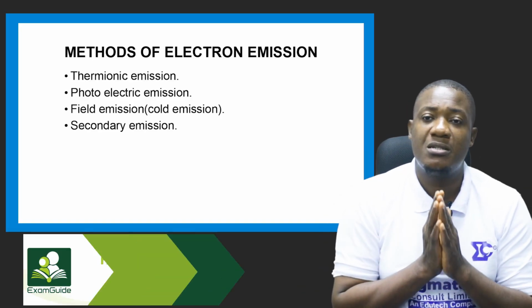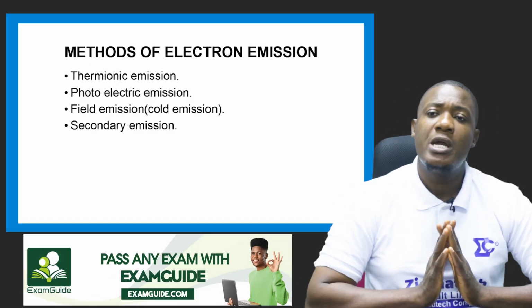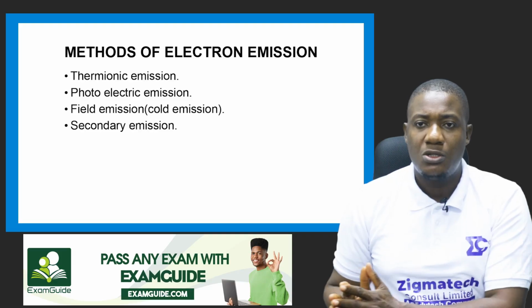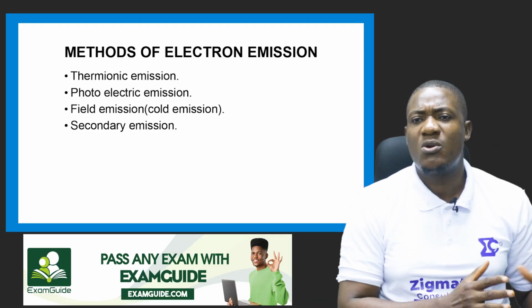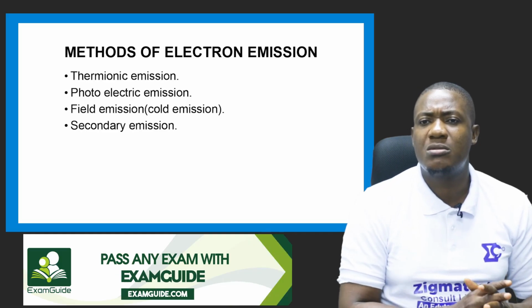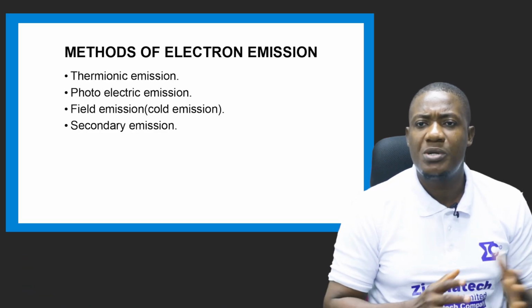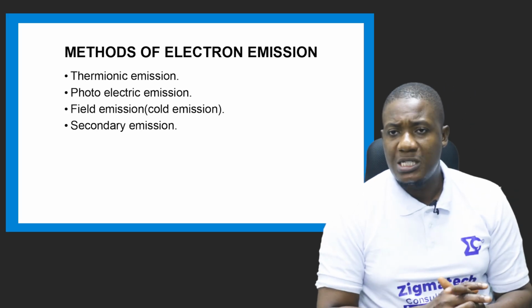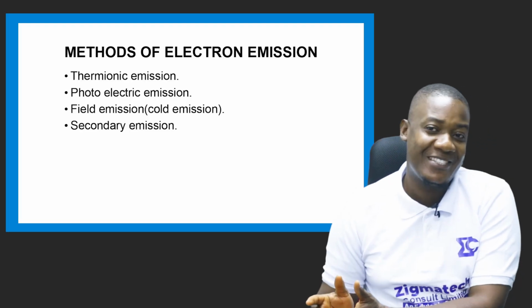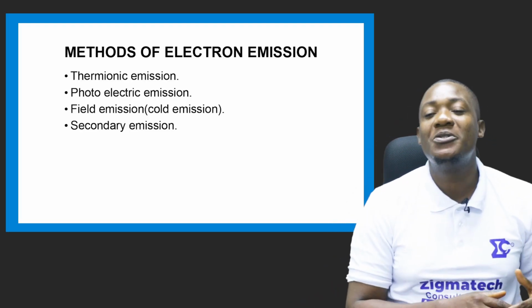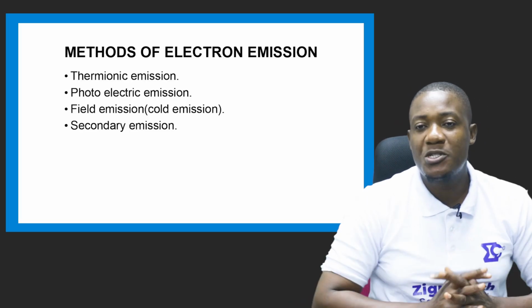But the two processes both involve emission of electrons. So when we have these conductors placed, of course you know that we have the electrodes. We have the cathode, we have the anode. The cathode is the negative electrode, while the anode is the positive electrode.